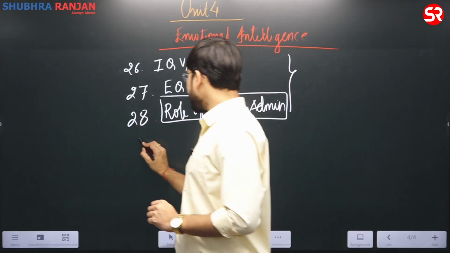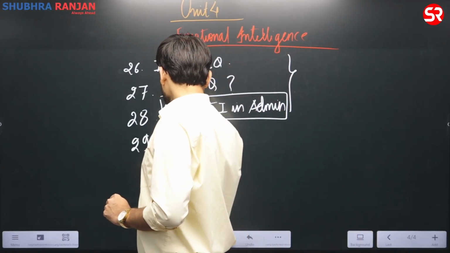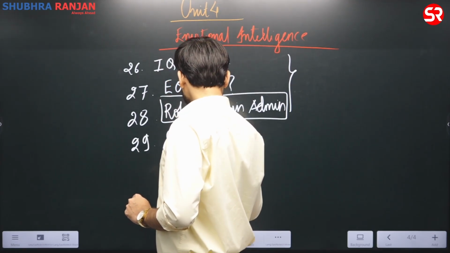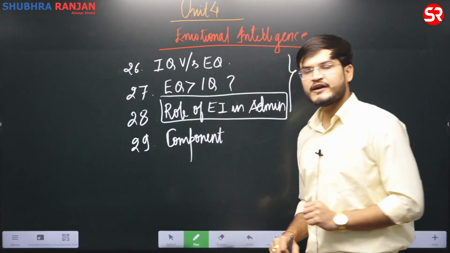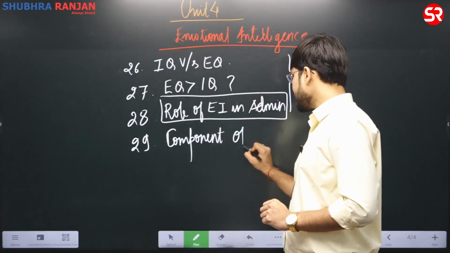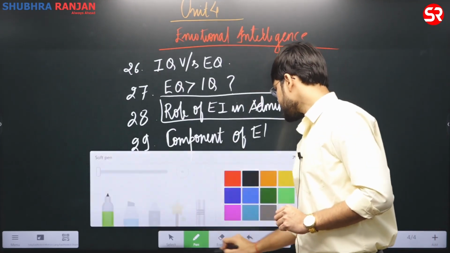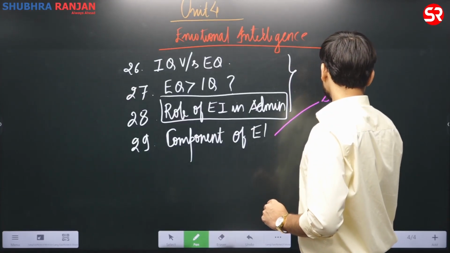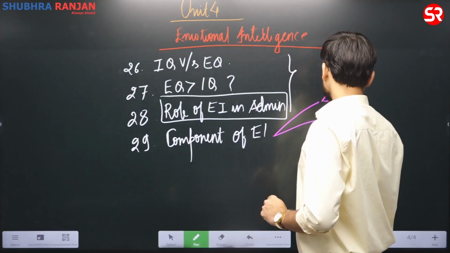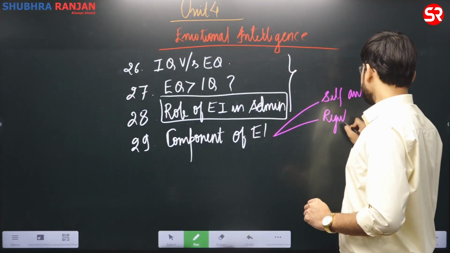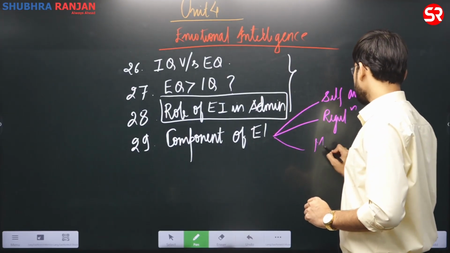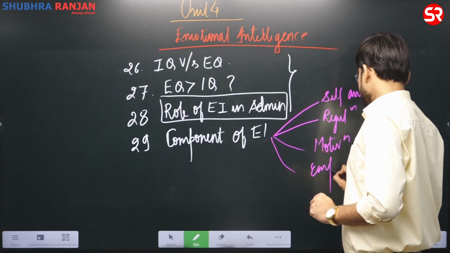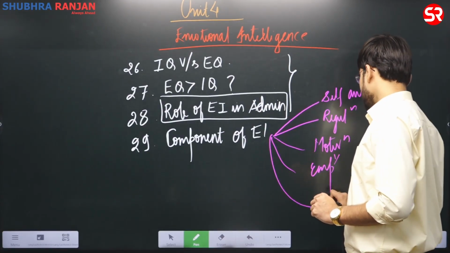Now the 29th theme would be its components. They can ask regarding the components of EI, and we have already seen what those are: self-awareness, self-regulation, motivation, empathy and social skill.